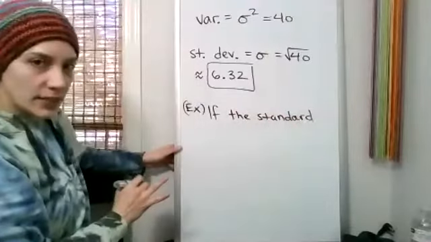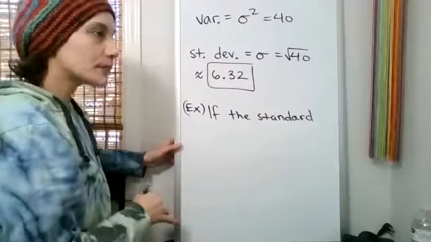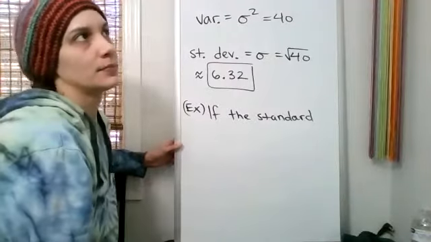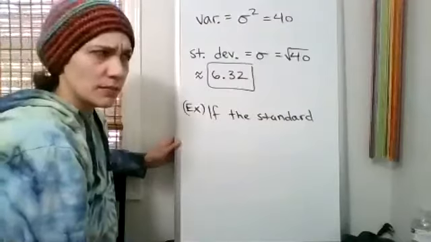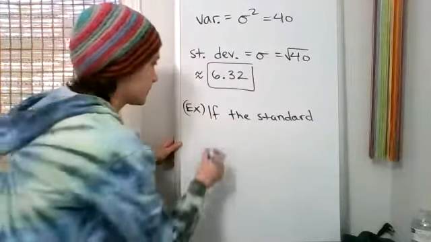If the standard deviation of a variable is, let's go with 4.5.